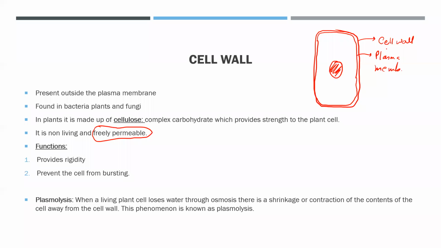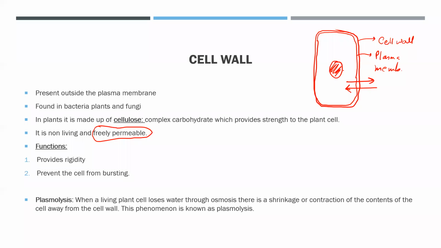The cell wall is freely permeable. Freely permeable means it will allow any substance to leave the cell and any substance to enter the cell. It is not able to select which substances should enter and which should leave. Since it is not able to decide this, we say that it is freely permeable.